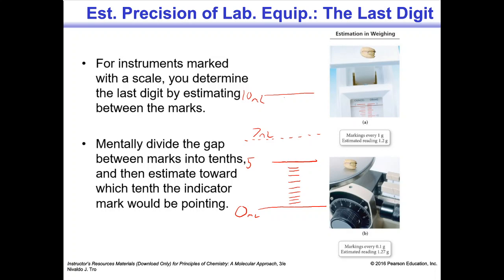Maybe I can do it up here: 1, 2, 3, 4, 5, 6, 7, 8, 9, 10. Okay, I made them too far apart. But just for the purpose of illustration, hopefully you can see what I'm talking about. I should make these 5 actually. That would be better. Sorry, I'm kind of doing this on the fly, so just bear with me. So here I have 10, there I have 5. Let's put 5 marks in between.